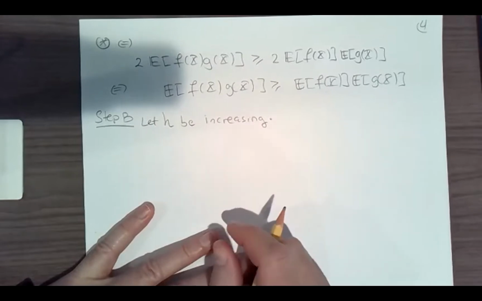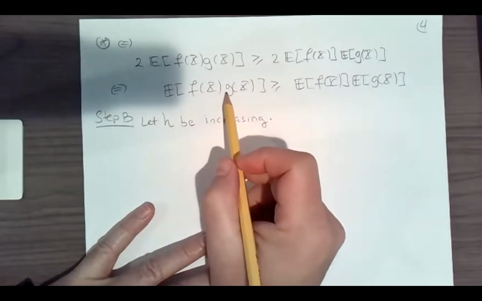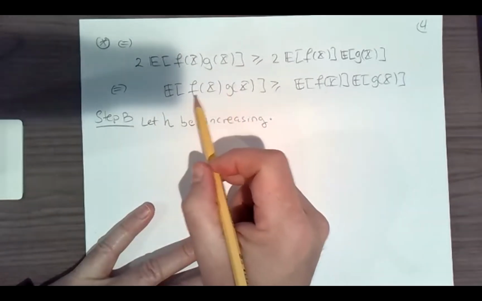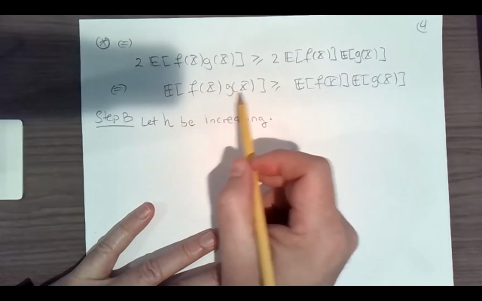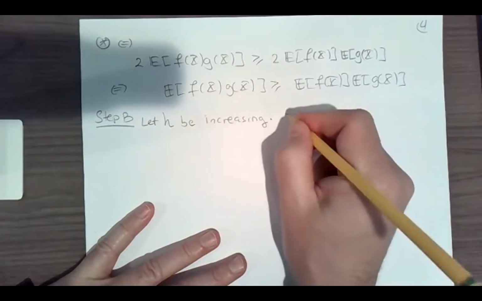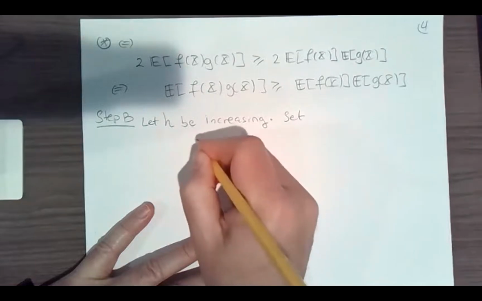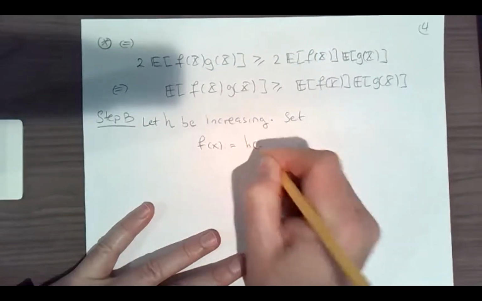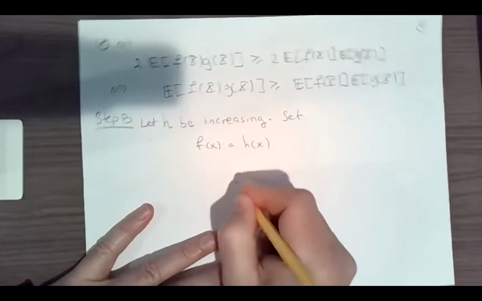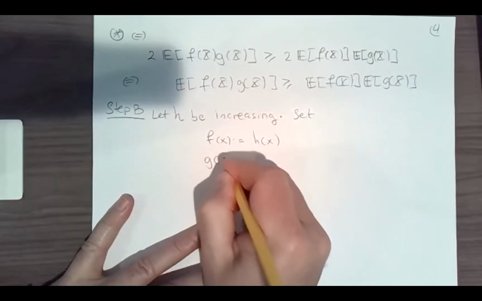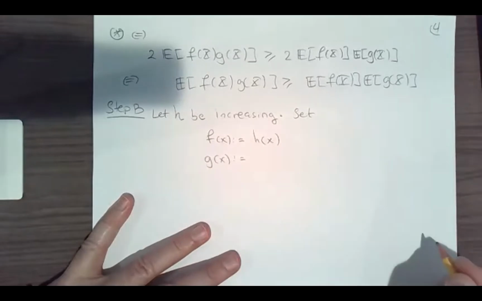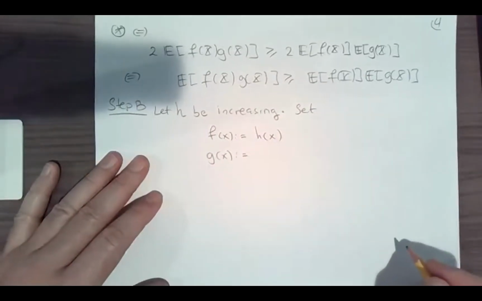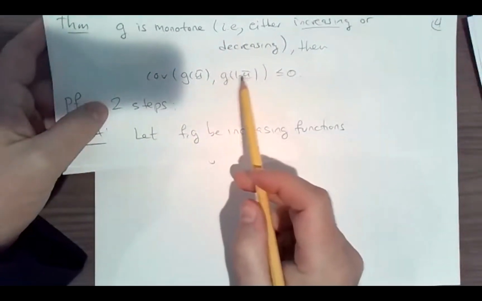So how are we going to do it? Well, f here is increasing and g here is increasing, so I need a g function. So we're going to set f of x just to be h of x, and g of x is going to be the one that has to do with this one here.